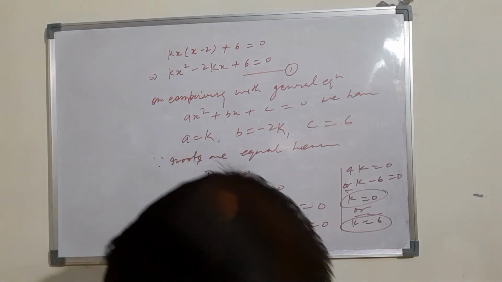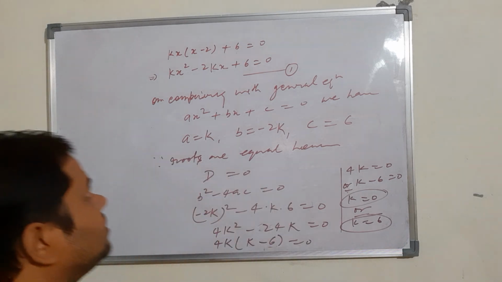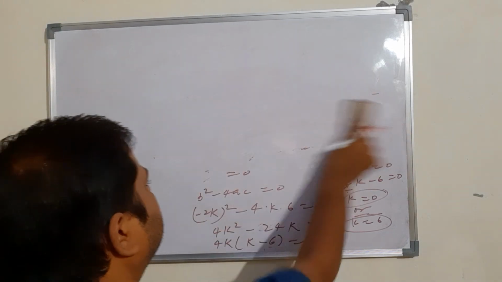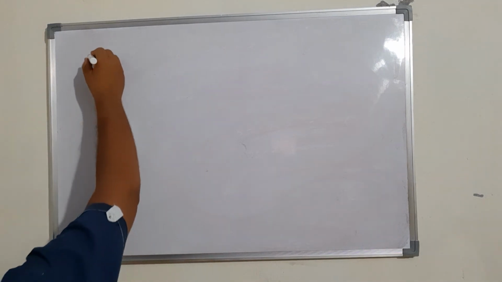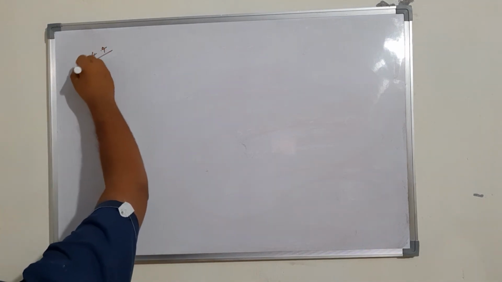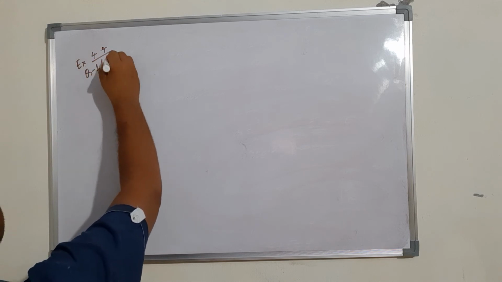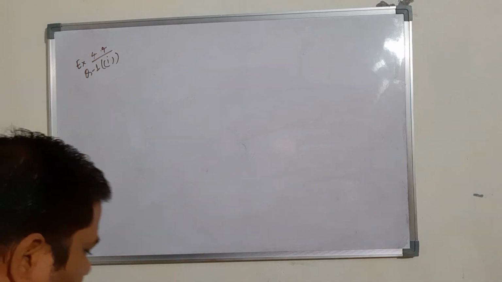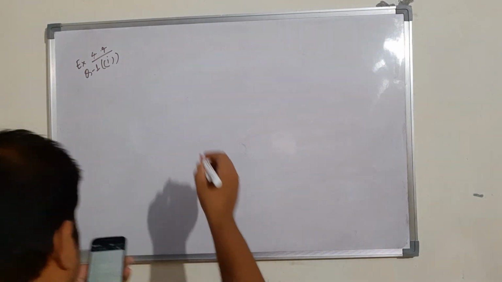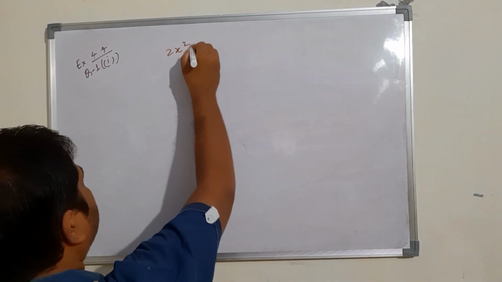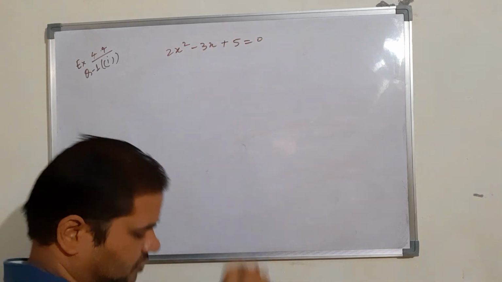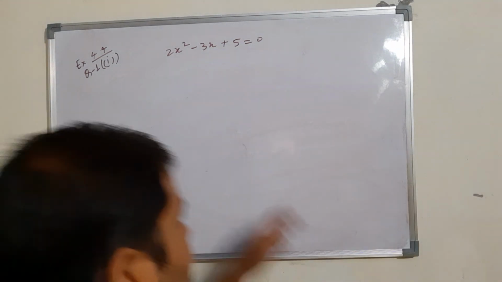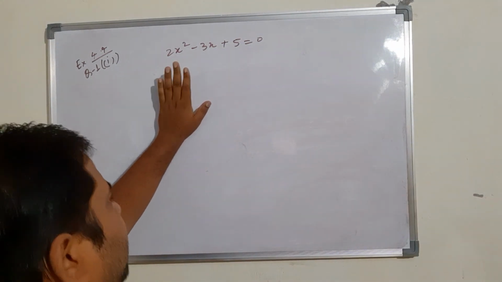This is exercise 4.4, question number 1, first part. Find the nature of the roots of the equation 2x square minus 3x plus 5 is equal to 0. First of all, you find the nature of roots. If the roots are real, then find them.